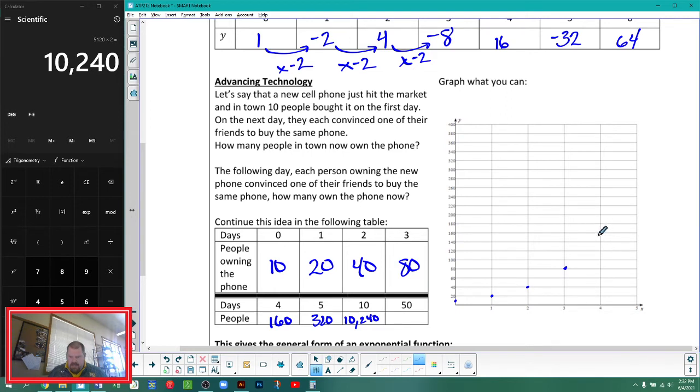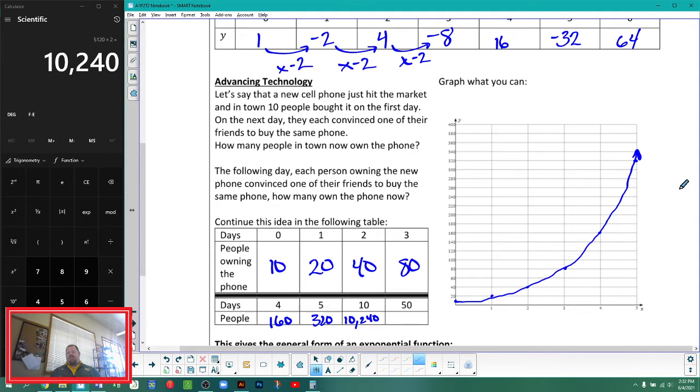Trying to find out where that is. That's right there. And then on day 5, 320 people. So we see this growth, and again, we're not dealing with a straight line here. We have a curve. Try to make it as smooth of a curve as I can. Okay, we have a curve that looks like that.